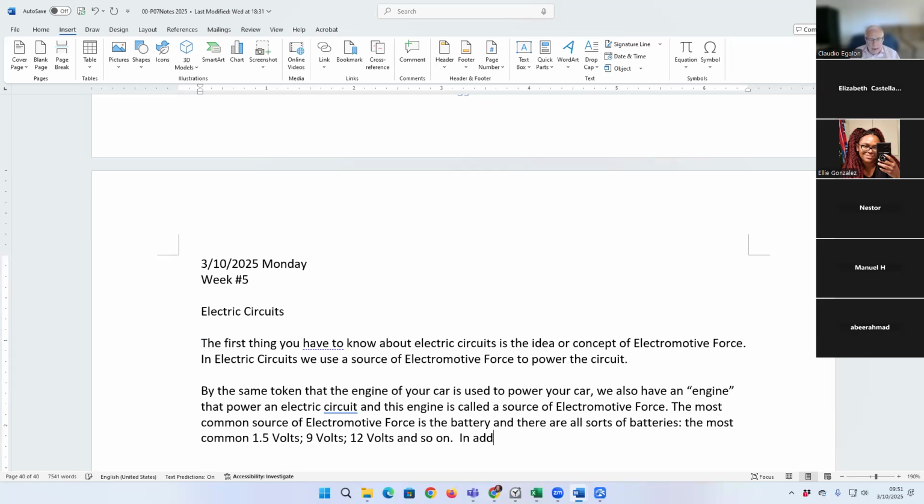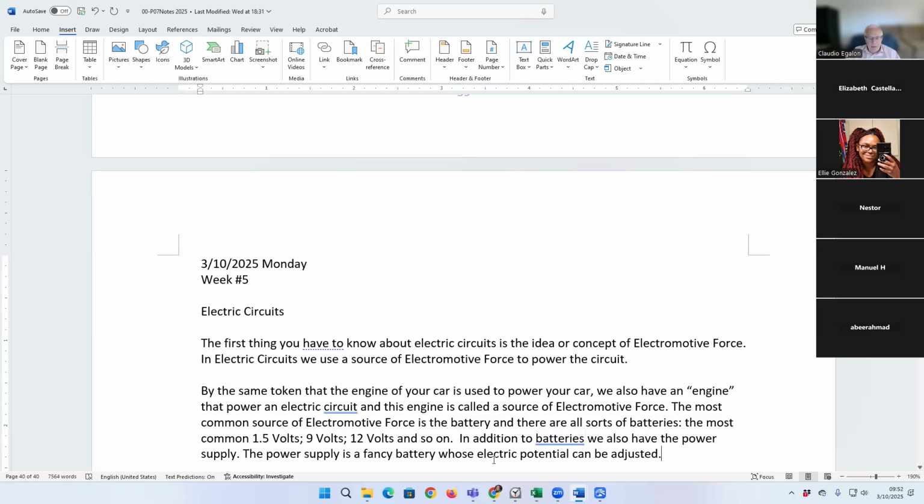In addition to batteries, we also have the power supply, the same device that we are using in lab number 1. The power supply is a fancy battery whose electric potential can be adjusted.